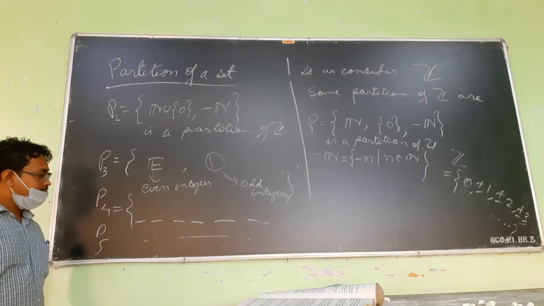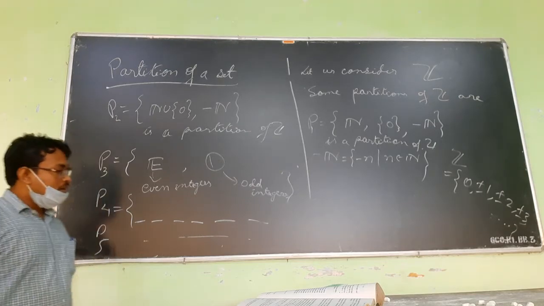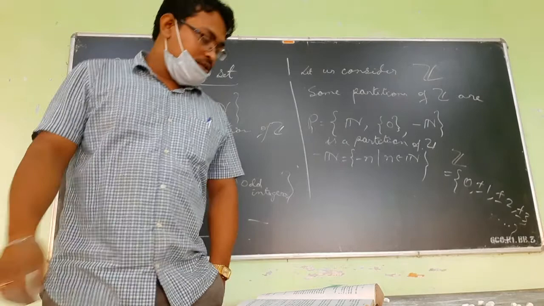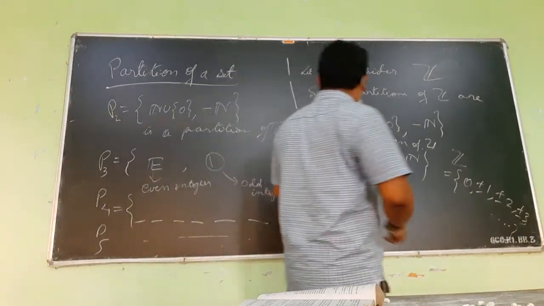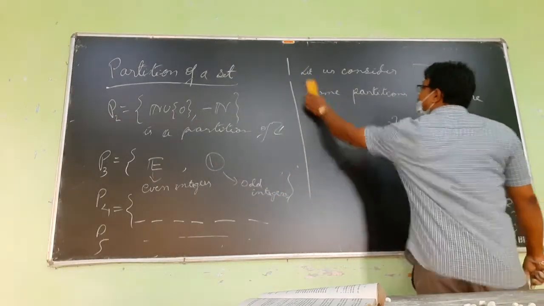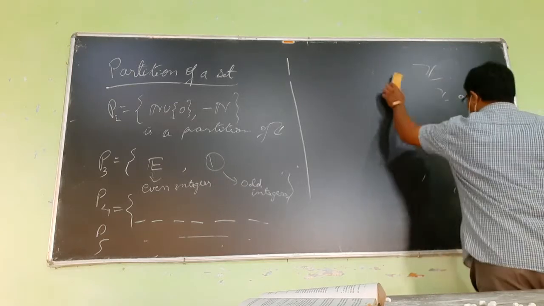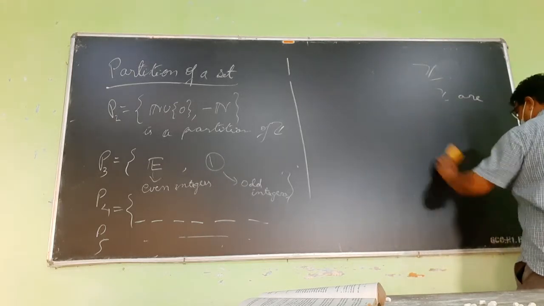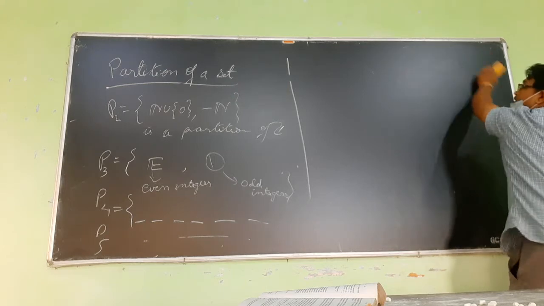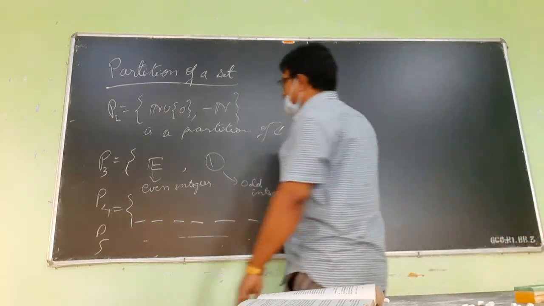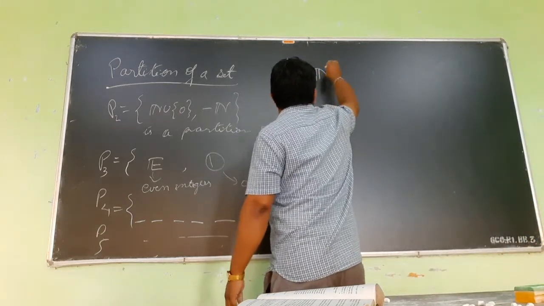Try to think. Infinitely many members are there. What sort of partition? One example already I have done with finite sets. Okay, you think of something similar with n.